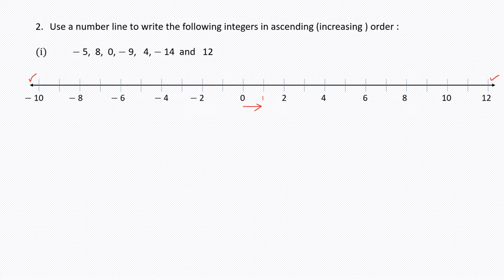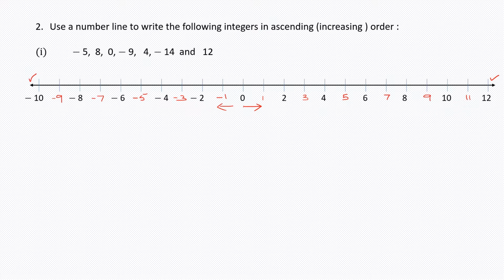So 0, 1, 2, this will be 3, 4, 5, 6, 7, 8, 9, 10, 11 and 12. Similarly, on the left hand side, we have all the negative numbers. Minus 1, minus 2, minus 3, minus 4, minus 5, minus 6, minus 7, minus 8, minus 9, minus 10.